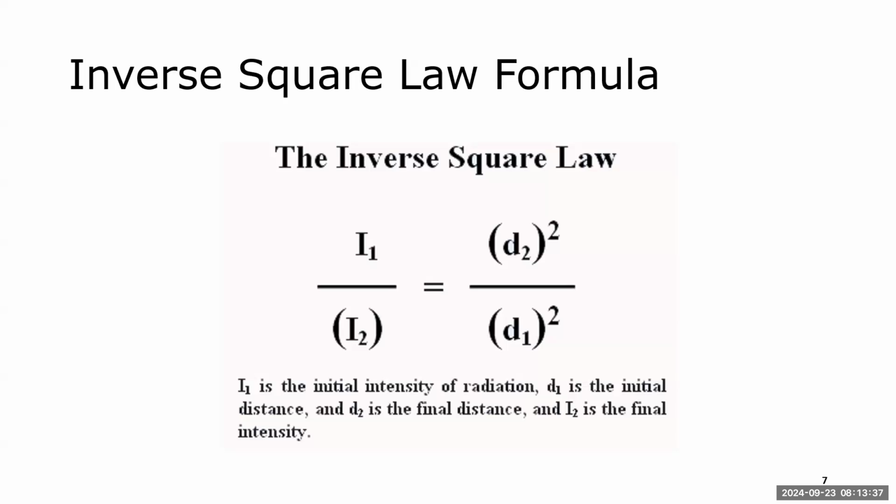You could also write it as intensity 2 over intensity 1, but then distance 1 over distance 2 squared would go on the other side. You're going to get the same answer as long as you keep them in what kind of relationship? Inverse relationship.